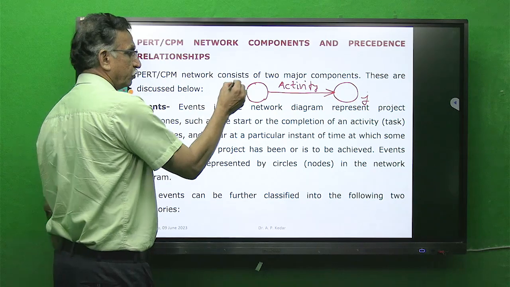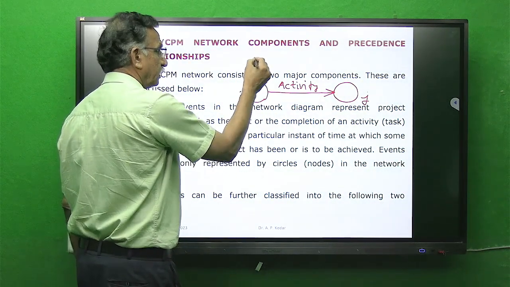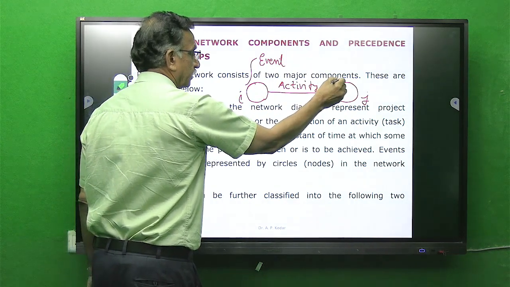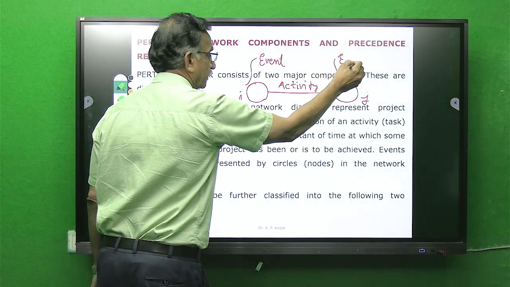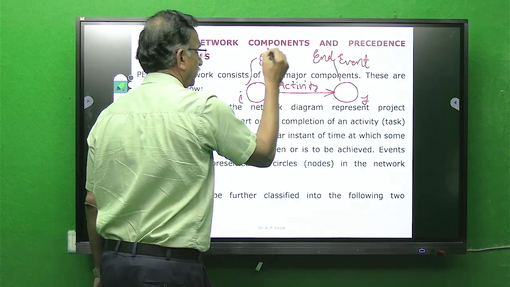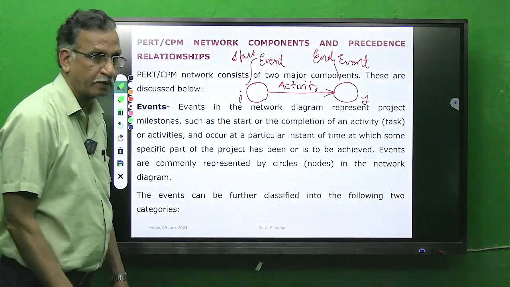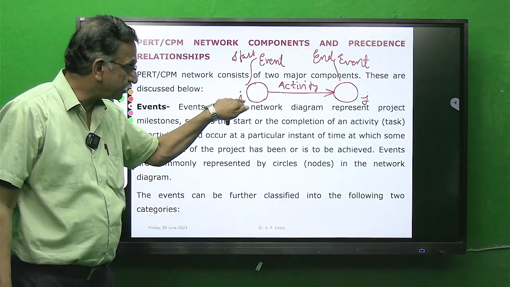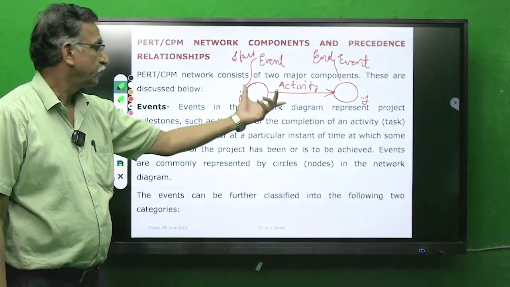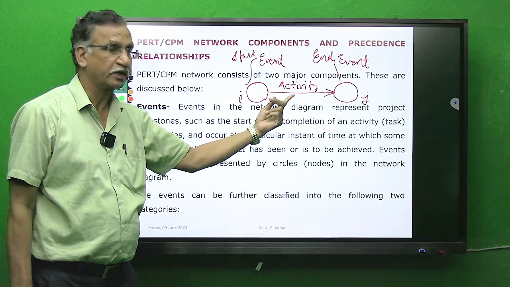So what we have to remember, this circle is referred to as an event. This is also referred to as an event. This is the end event, whereas this one is the start event. Start event, ith event, end event, jth event. These two events are joined by this activity.